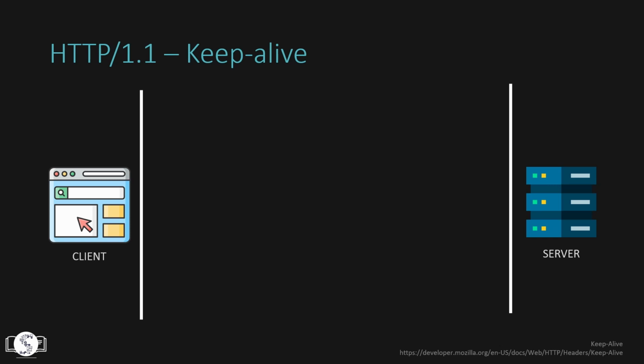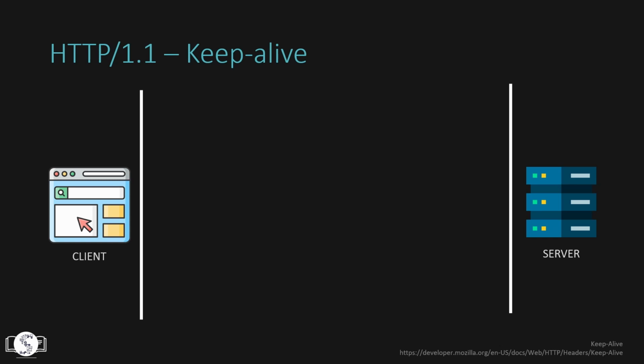HTTP 1.1 was introduced in the following year, in 1997. It brings a couple of improvements and has become the standard until now, making HTTP 1.0 obsolete. The improvement that I want to discuss in this slide is keep alive.